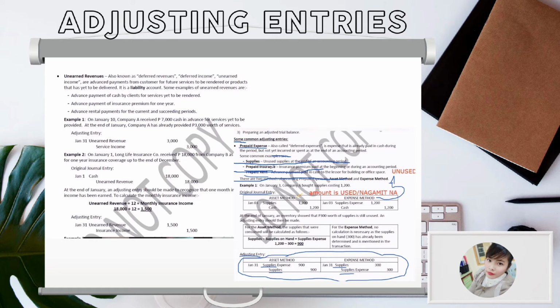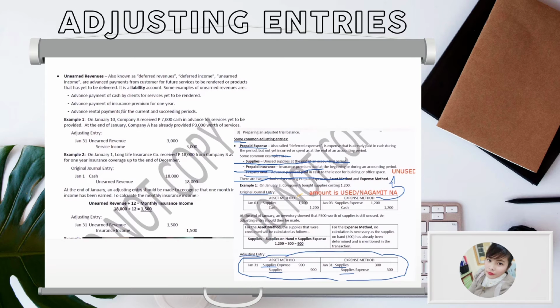Tingnan nyo to. Prepaid insurance. Kayo ang nagbayad in advance. Dito naman, advance payment ng insurance. Si client ang nagbayad in advance. Okay? Dito naman, sa prepaid rent, kayo ang nagbayad in advance. Sa unearned revenue, si customer ang nagbayad in advance.